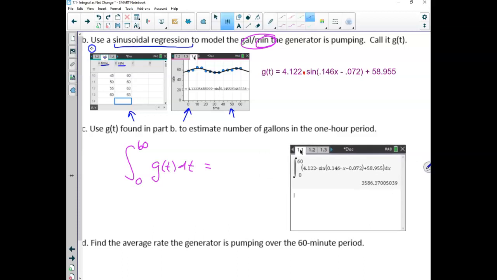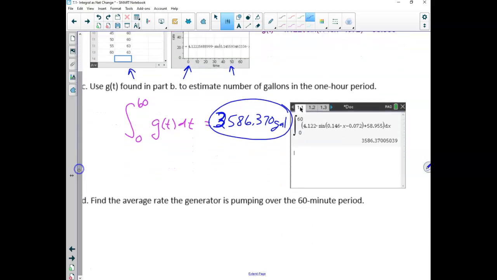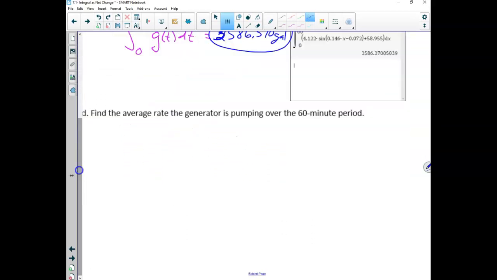And if I round it, the decimal places are going to be 3,586.37 gallons, okay?